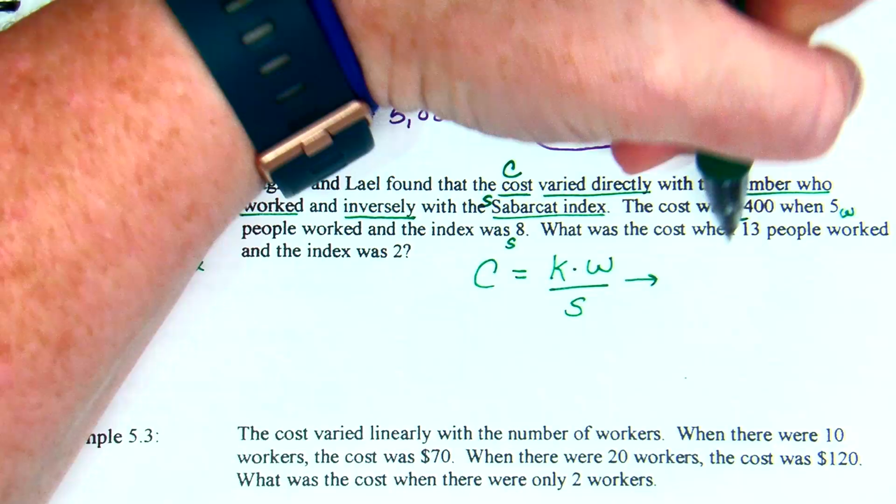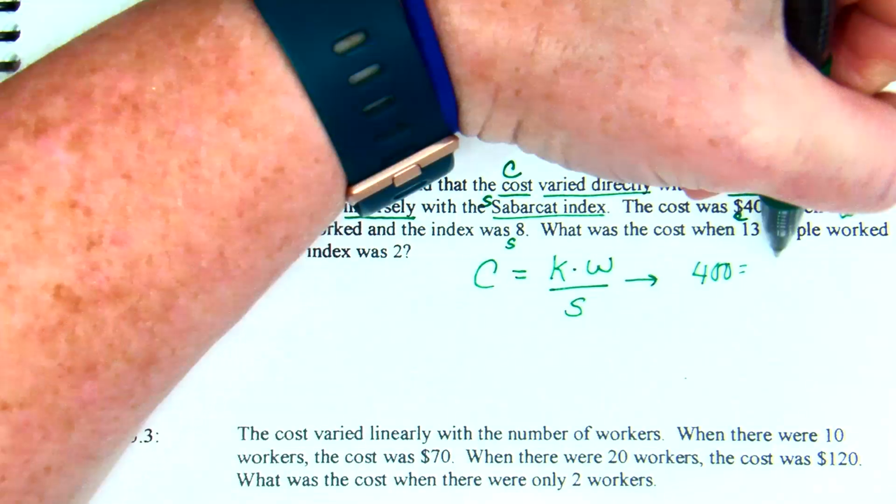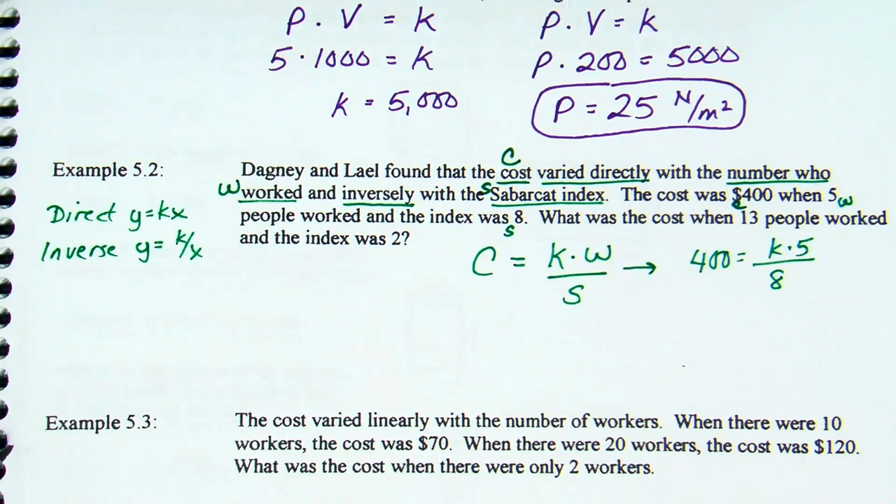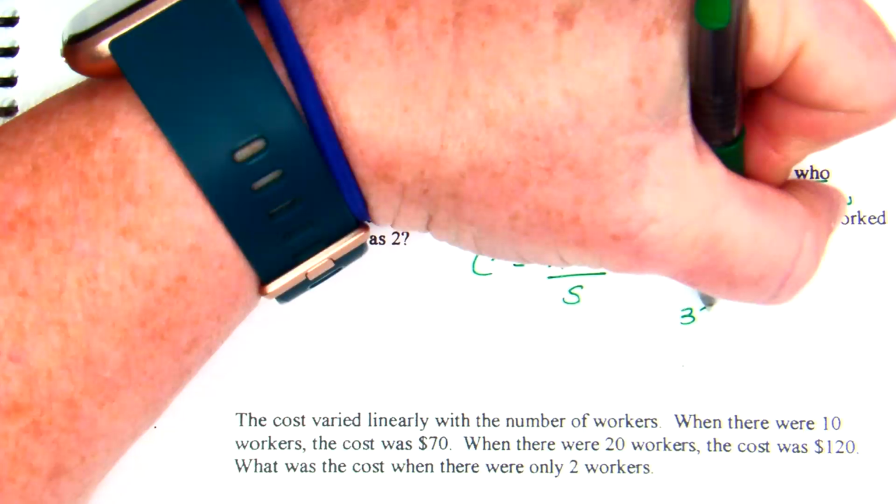So, what did I say? 400 equals K times 5 divided by 8. I personally see it as divide by 8, so I'm going to multiply by 8. So then I have 3,200 equals 5K.